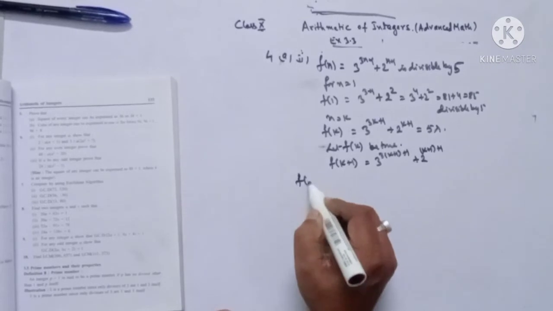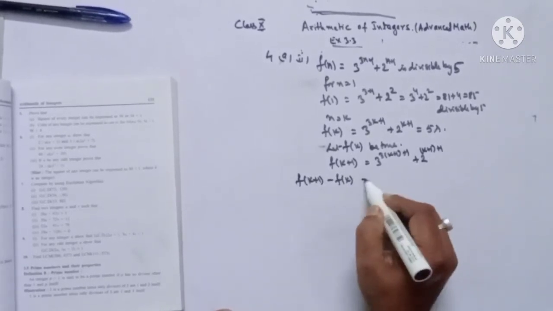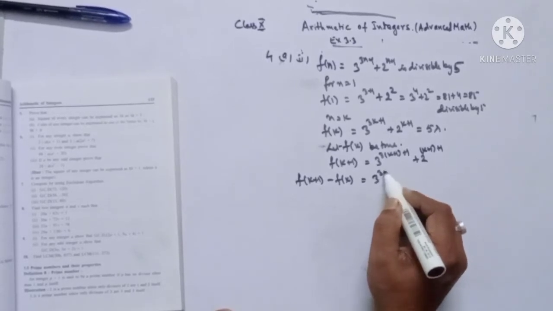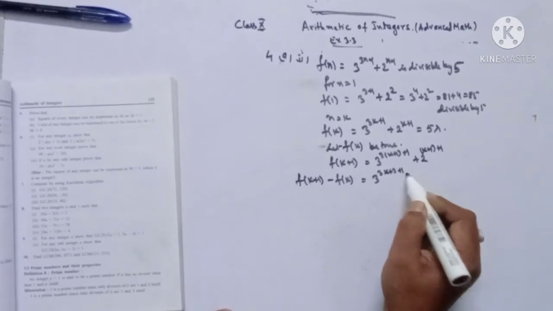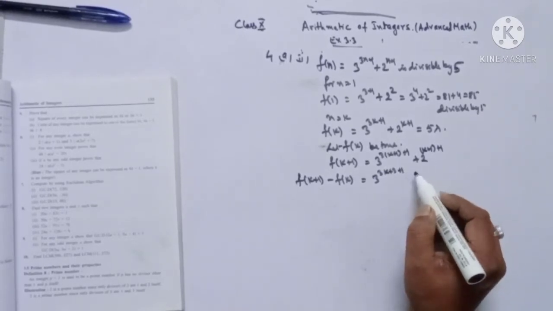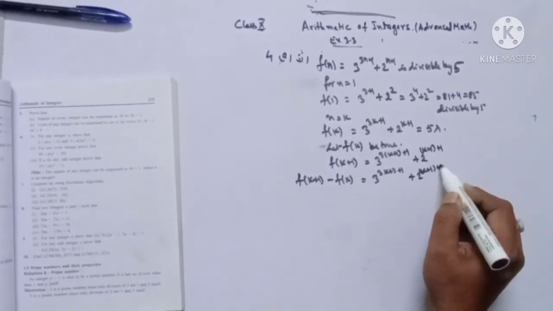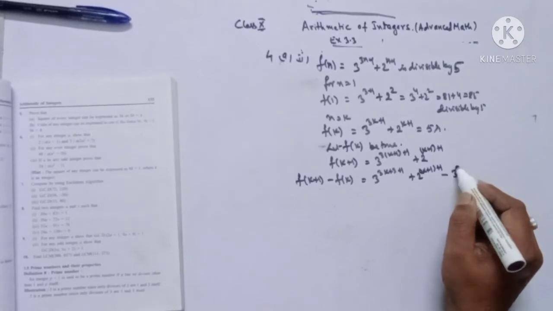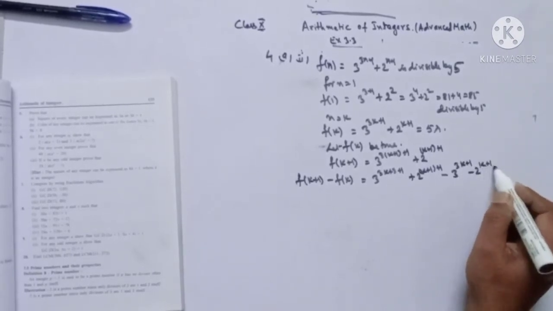So fk plus 1 minus fk will be 3 to the power of 3k plus 3 plus 1 plus 2 to the power of k plus 1 plus 1 minus 3 to the power of 3k plus 1 minus 2 to the power of k plus 1.